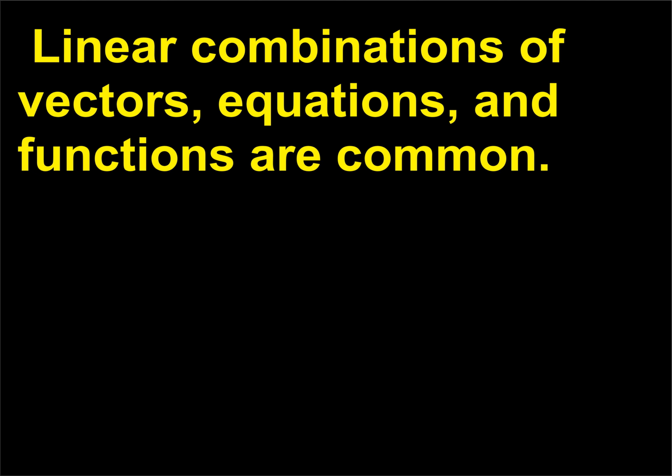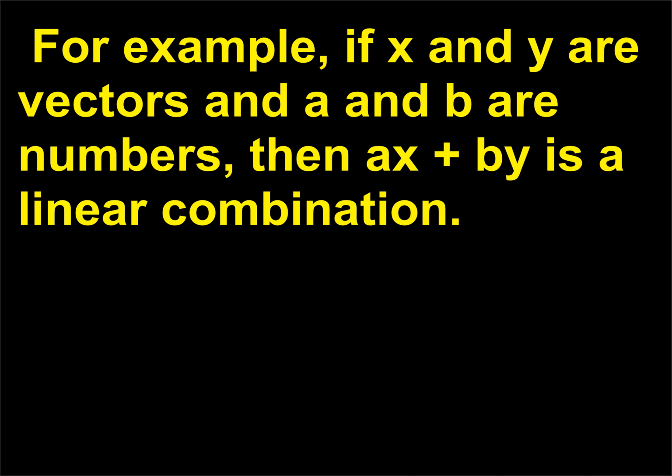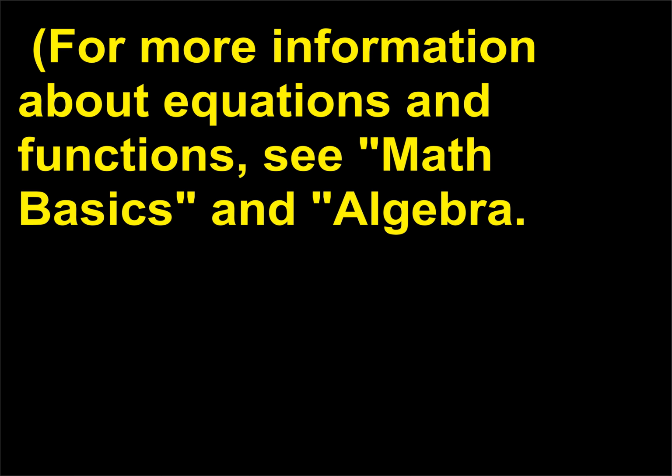Linear combinations of vectors, equations, and functions are common. For example, if x and y are vectors and a and b are numbers, then ax and by is a linear combination. For more information about equations and functions, see Math Basics and Algebra.